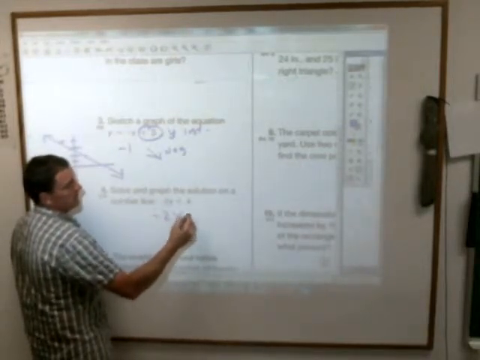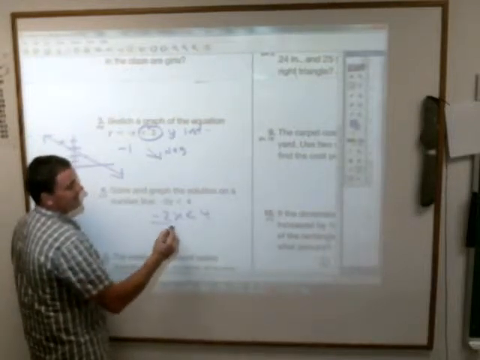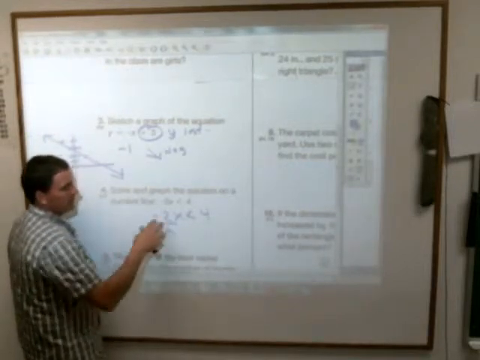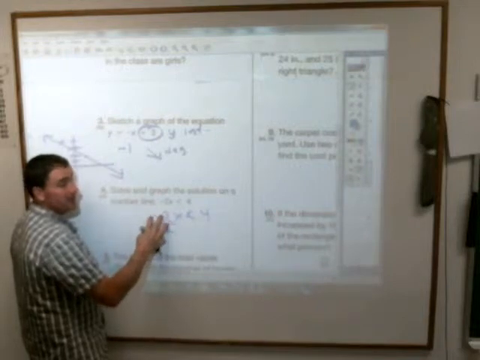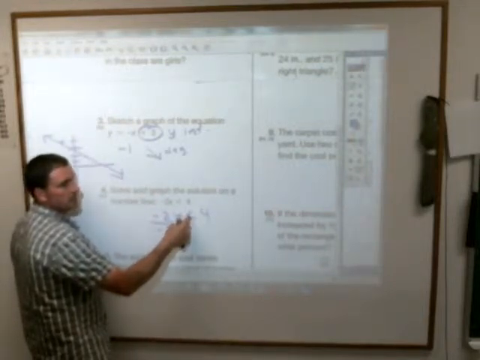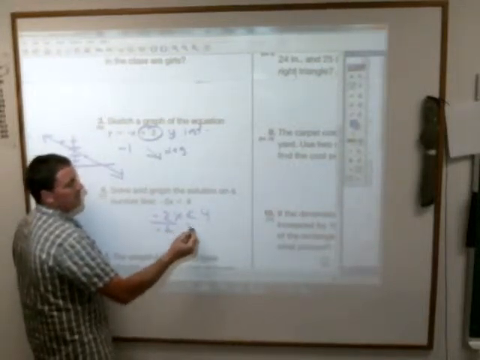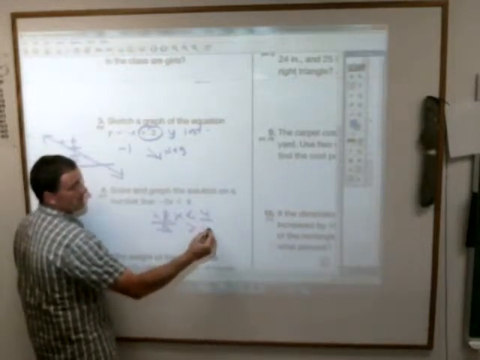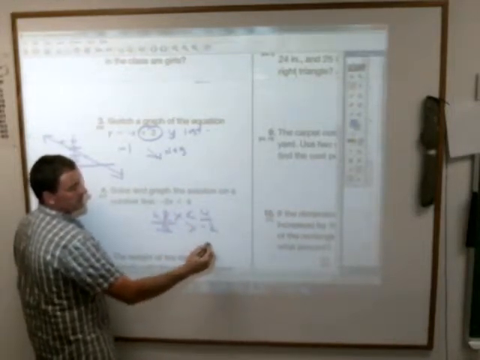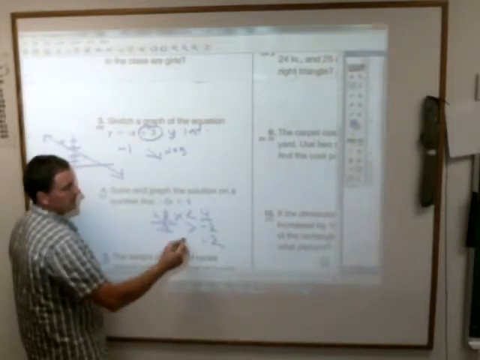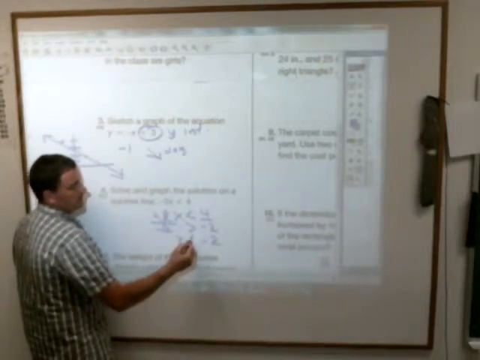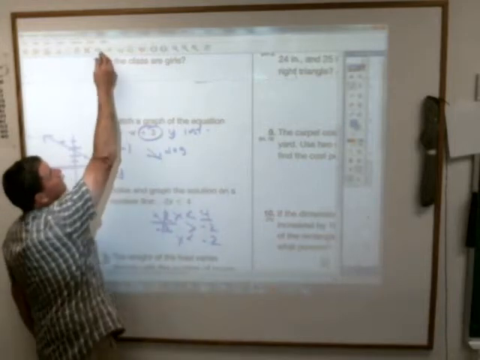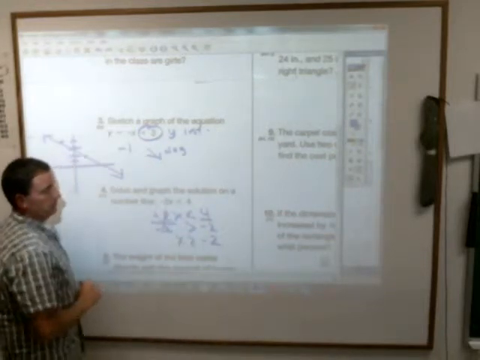I have -2x is less than 4. I've got to get rid of that. But when I change the x to its opposite sign, this sign also changes to its opposite. So if you have it backwards, it's because you didn't change that when you divided through by the negative. And 4 divided by -2 is -2. So x is greater than -2.